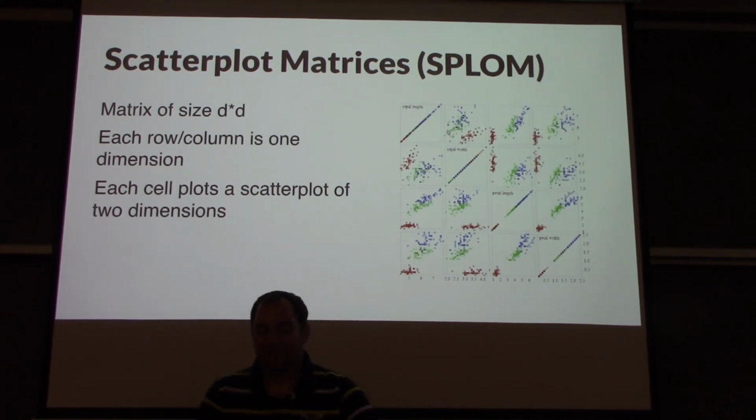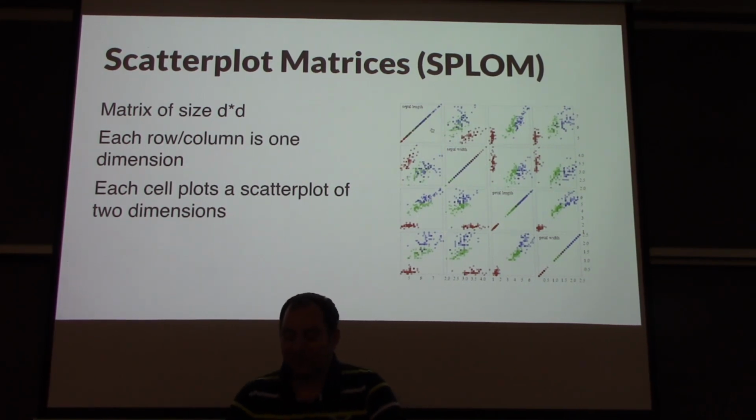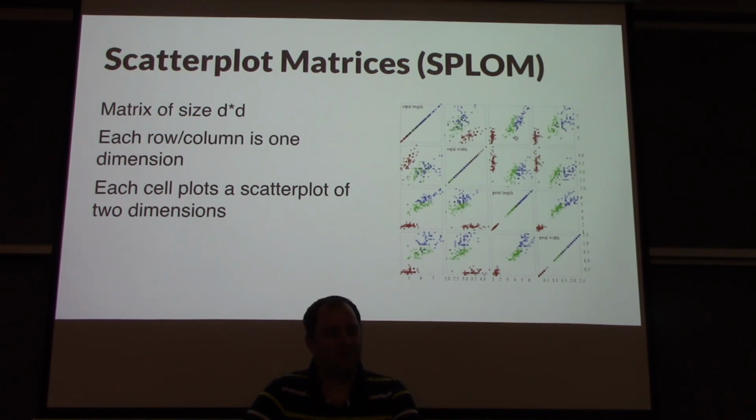What is the relationship of the elements to the right of the diagonal to the elements to the left of the diagonal? Anybody see any patterns here? Yeah, we see the same thing, it's just flipped over, right?